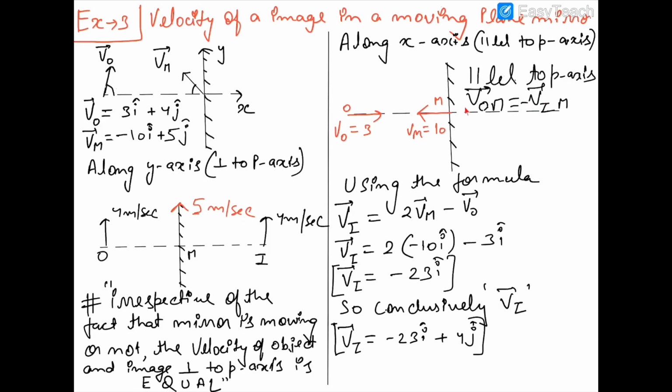So by applying the formula of relative velocities, you can derive this relation: Vi is equal to 2Vm minus Vo.